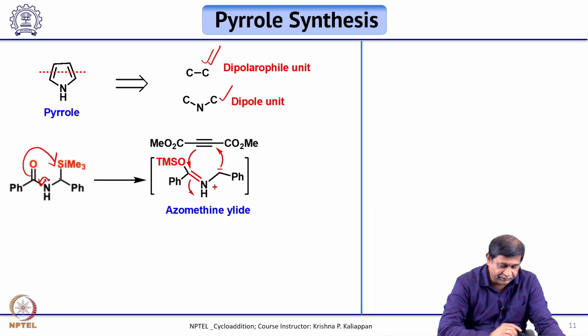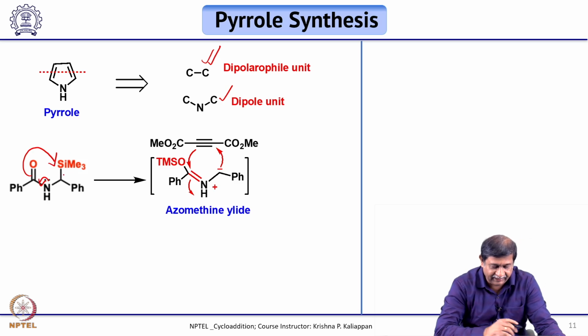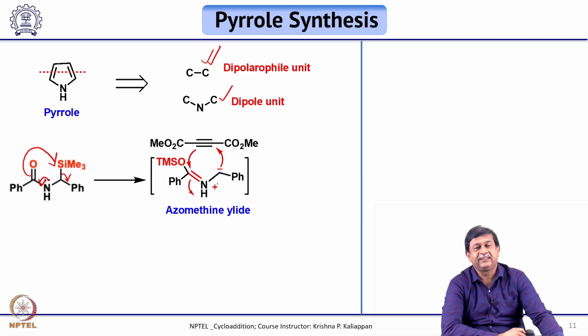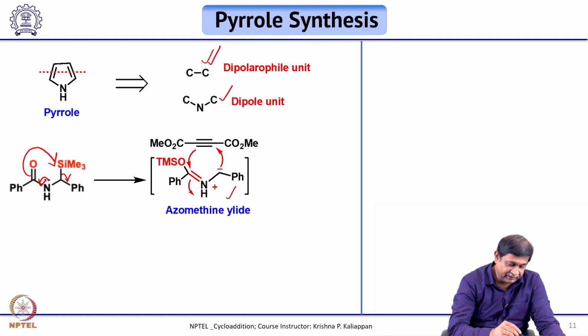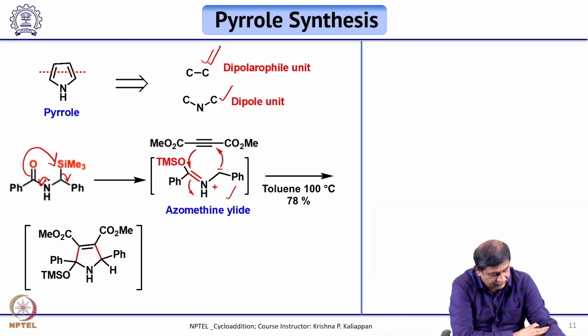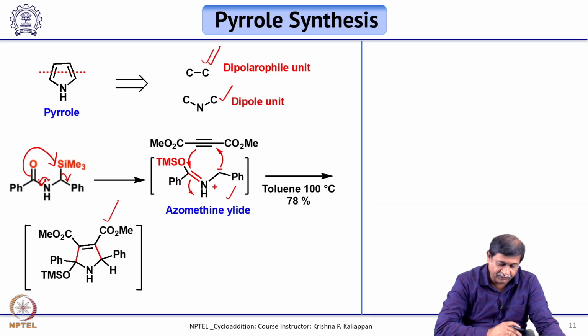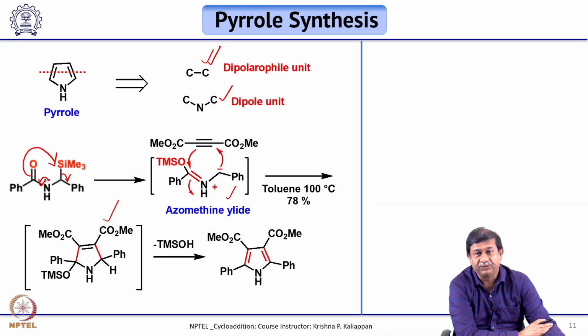So now you will get this azomethine ylide. You can see here this azomethine ylide can undergo a 1,3-dipolar cycloaddition with dimethyl acetylene dicarboxylate to give this intermediate. Now this can undergo elimination of trimethylsilanol to give a highly substituted pyrrole.